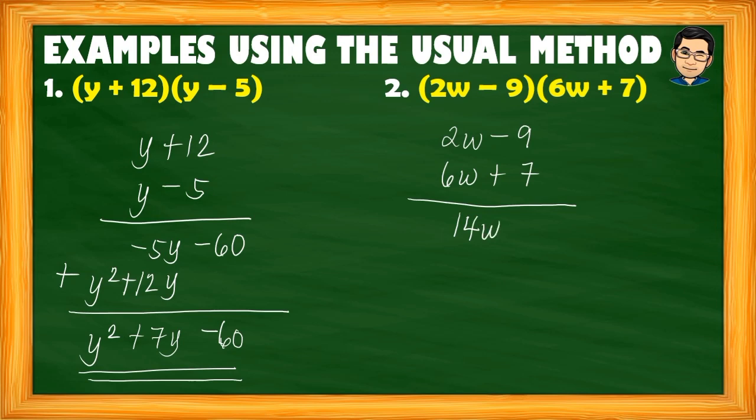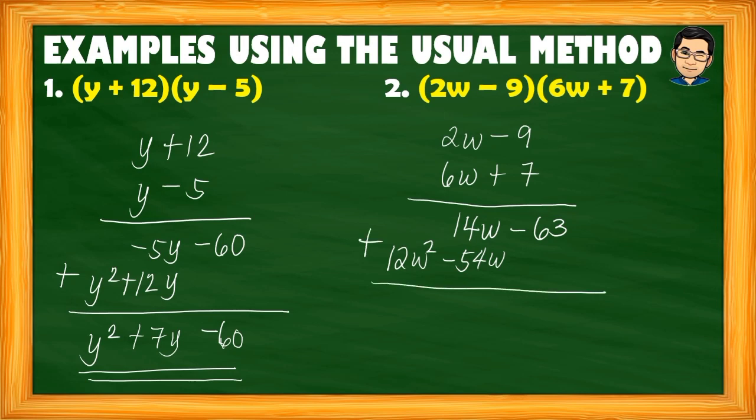Next, negative 9 times 7, that is negative 63. So, tapos na tayo sa 7, so 6w naman. So, 2w times 6w, that is 12w squared. So, dito yung 12w squared. And then, 6w times negative 9, that is negative 54w.